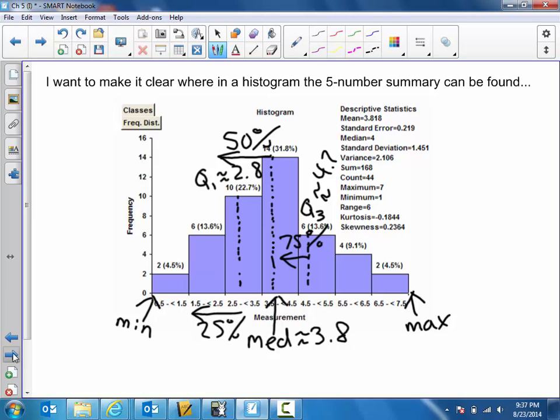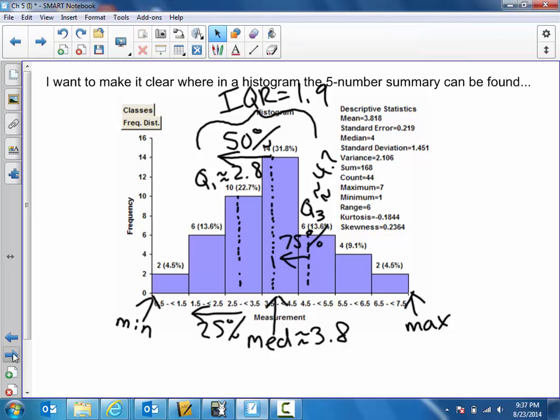Let's see if there's anything else I want to talk about here. Yes, so the IQR is, as we said before, the difference between quartile 1 and quartile 3. So the difference between this guy and this guy. The IQR, the difference between quartile 3 and quartile 1, we said in the past, is, or rather is for this data set, we've not looked at this before, 1.9.